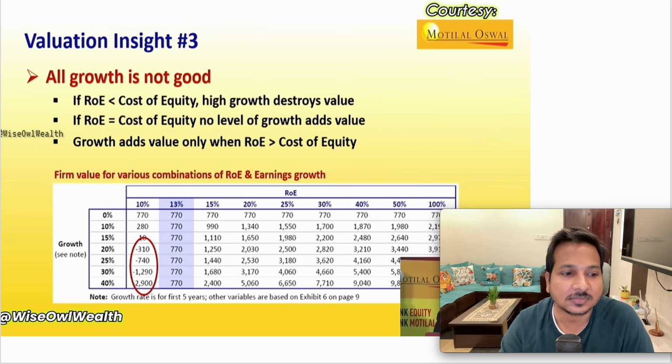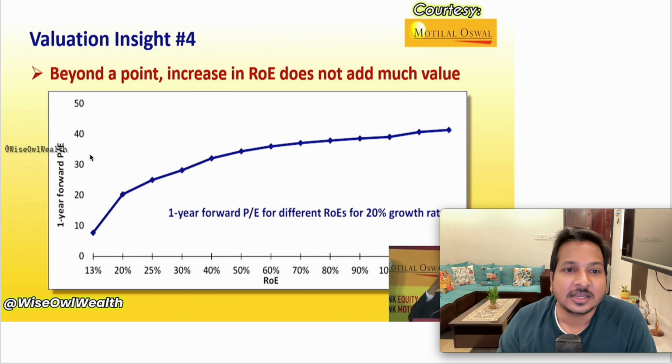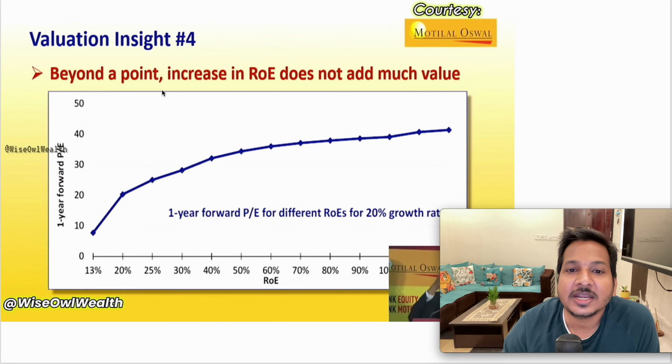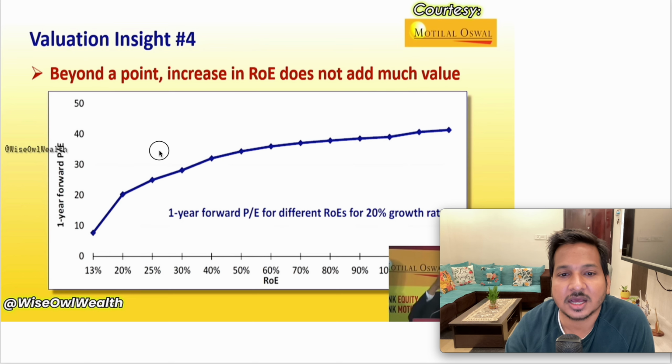Okay, now the next point is, beyond a point, an increase in ROE does not add much value. Suppose somebody tells you that 60, 70, 80% ROE is better than 20, 25%. No. After a certain point, you can see this growth will become flat around this point.